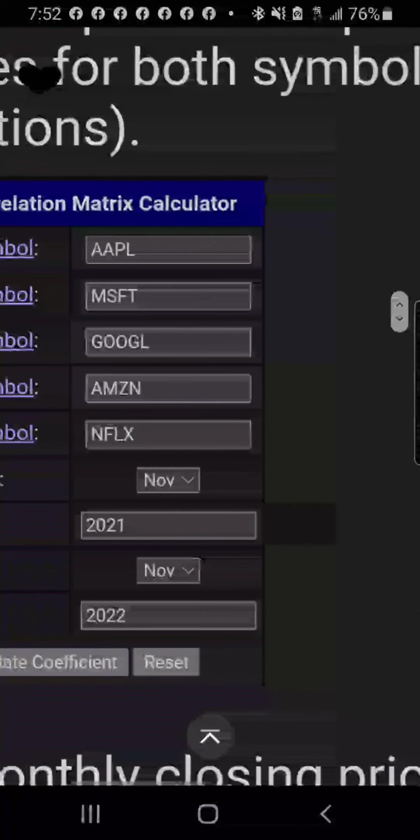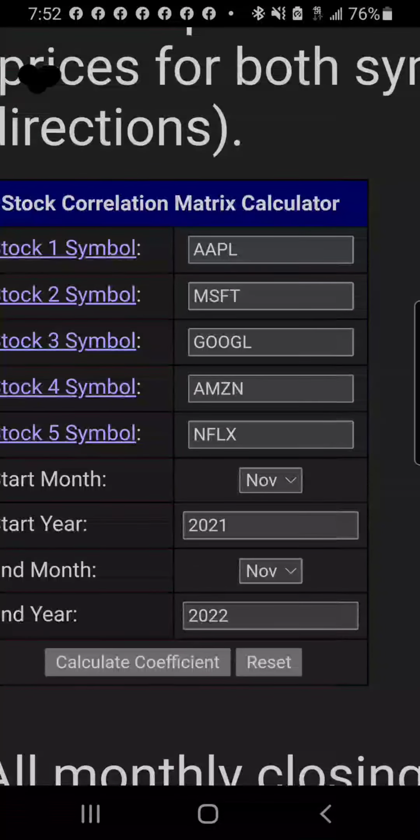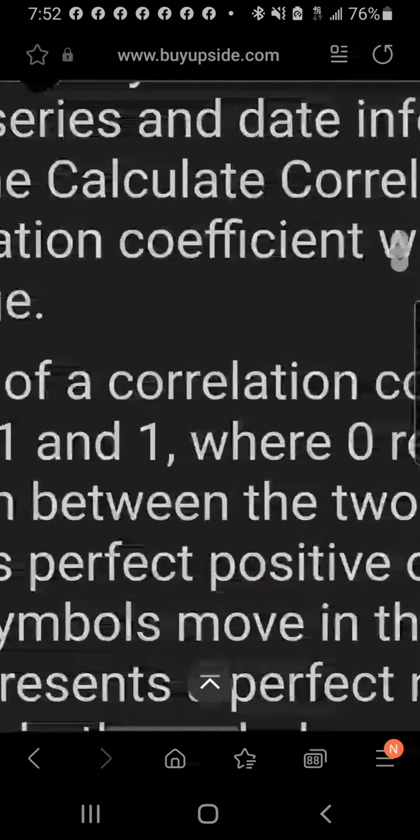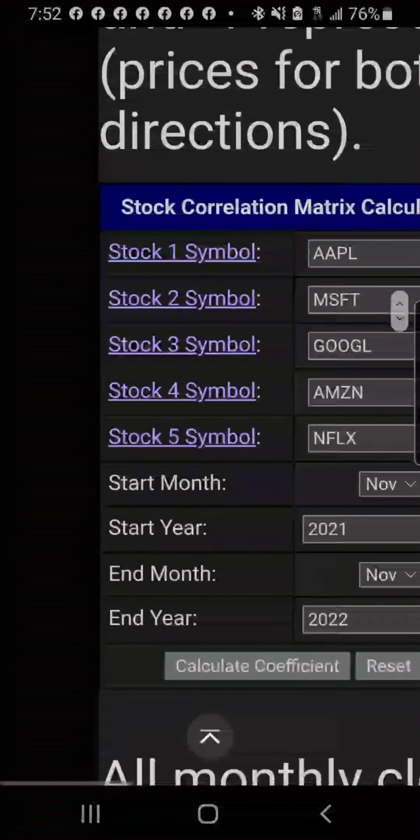Basically, I used the calculator like this. I put in Walmart, WMT symbol, and then I put in Target, TGT symbol. I saw that these two, at the time when I put this trade on, had a high correlation. And because they had a high correlation, I could potentially, and I know one is more volatile than the other, get some exposure to their sector.